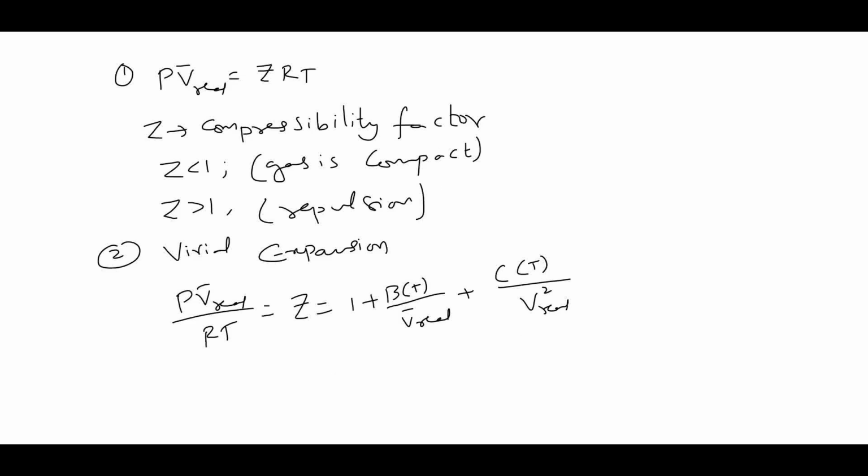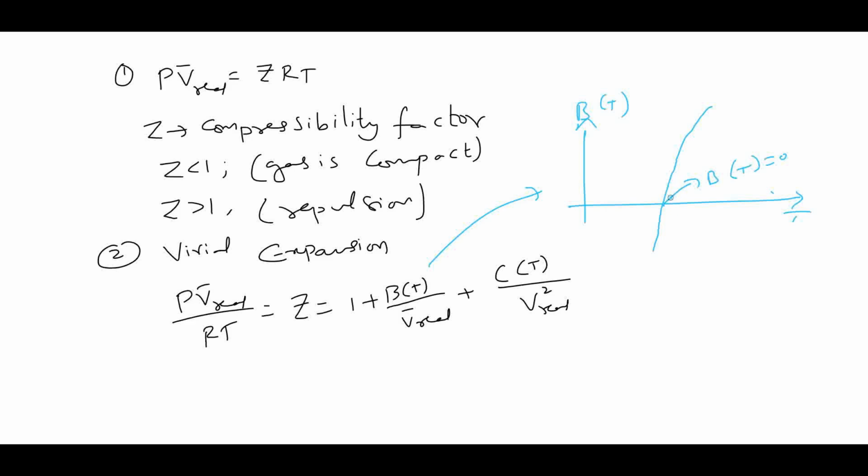Now we can also draw a function for B of T, for example, in this manner. So we have B of T and here temperature. At this point B of T is equal to 0, so it behaves like an ideal gas at this particular temperature.